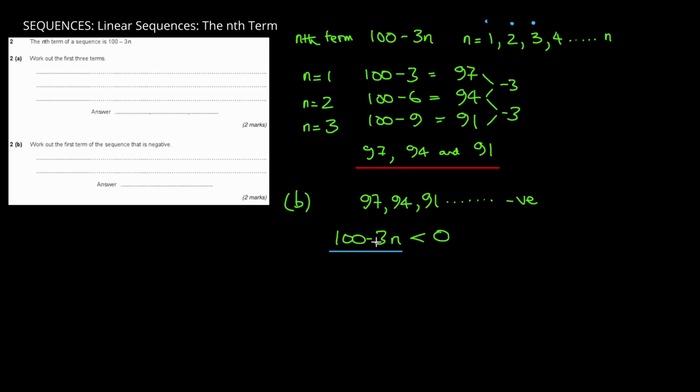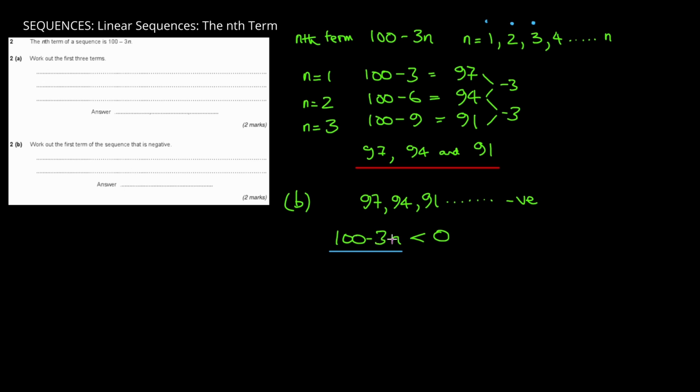So if we can work this inequality out, we won't have to resort to counting on our fingers to find out what value of n first of all produces the series answer which is negative. This, remember, less than 0 is a perfectly good mathematical argument for a number being negative. So let's see what happens.